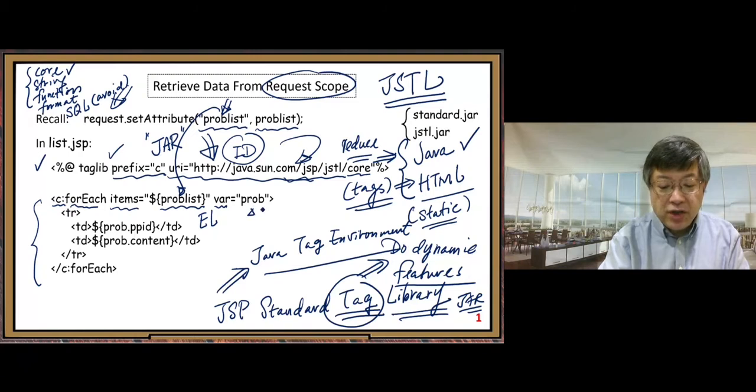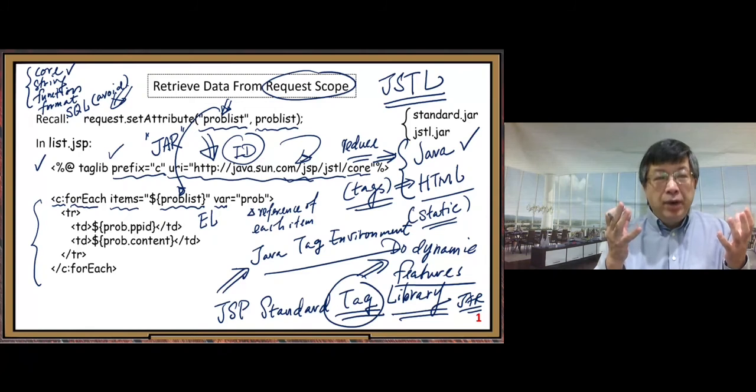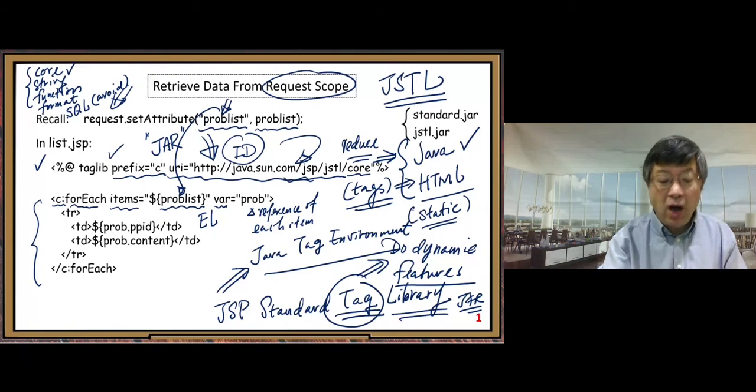This is the reference of each item. How do you retrieve properties from each Java bean? You need a name, you need a reference. So here we define that reference, prob.